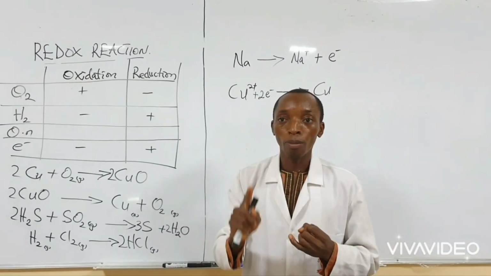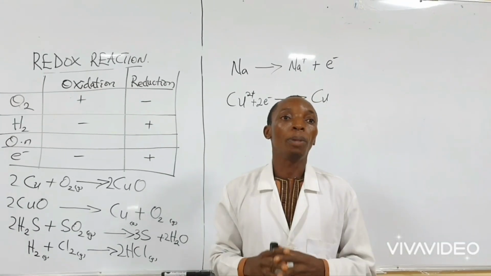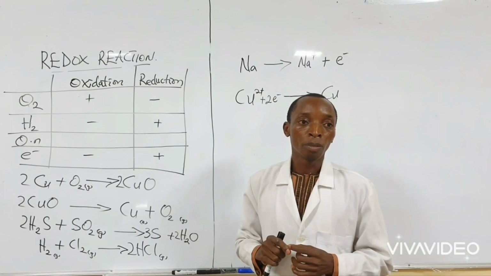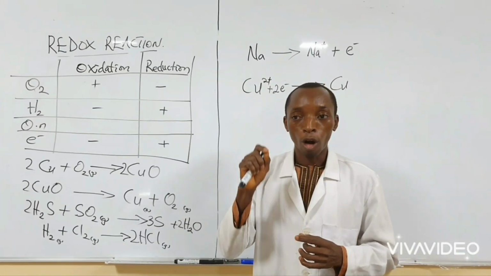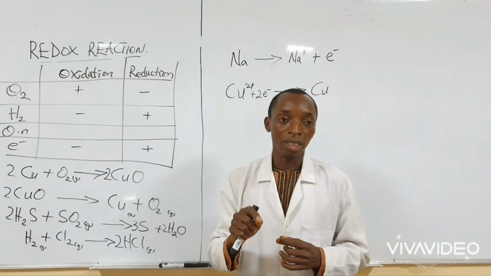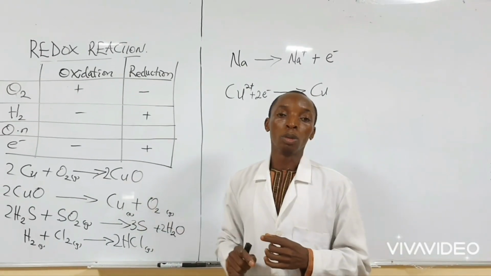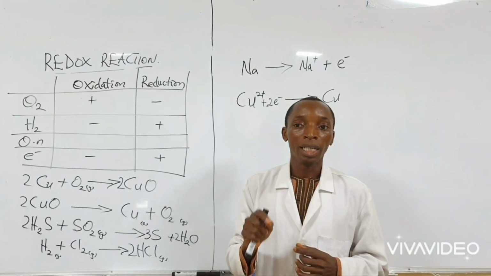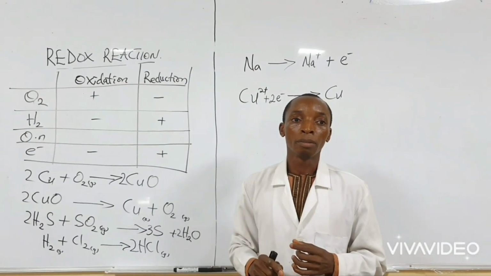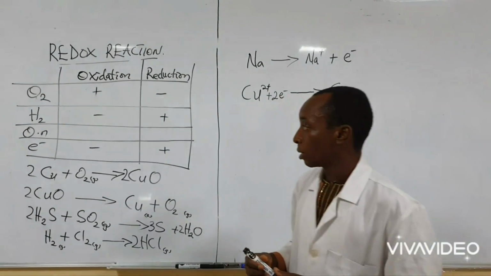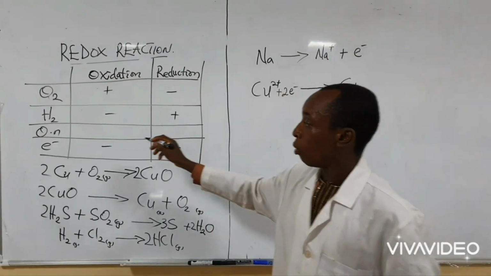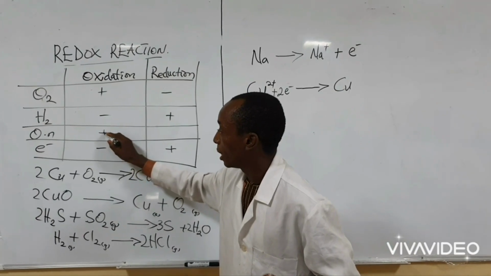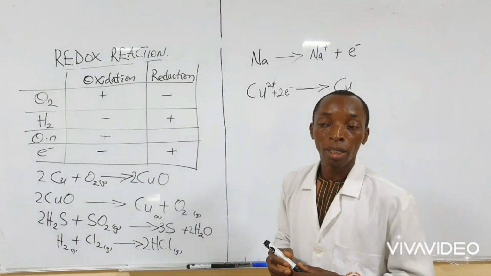That is, if an atom is standing alone, not in a compound, then its oxidation state is equal to 0. Oxidation state of oxygen, except in peroxide, is -2. Oxidation state of hydrogen, except in peroxide, is +1. And so on like that. Therefore, now we define oxidation as increase in oxidation number.